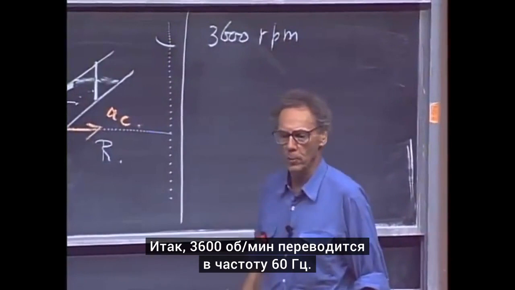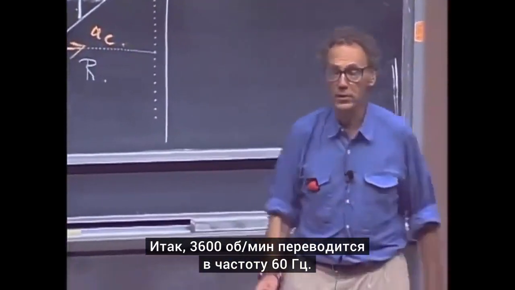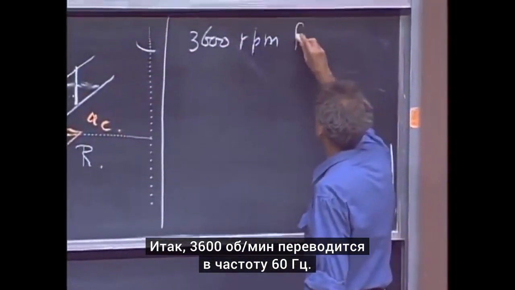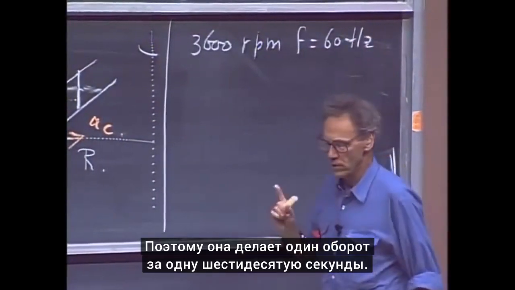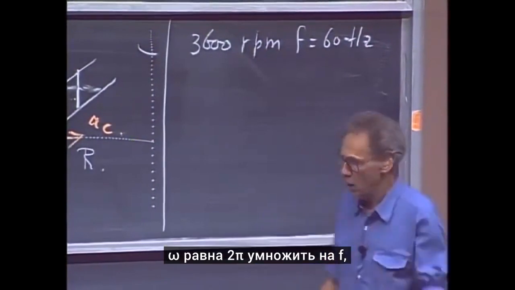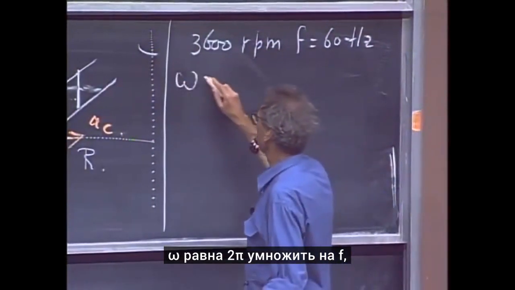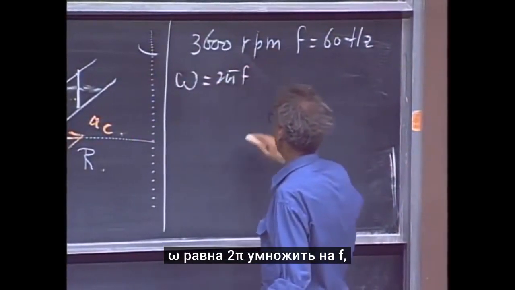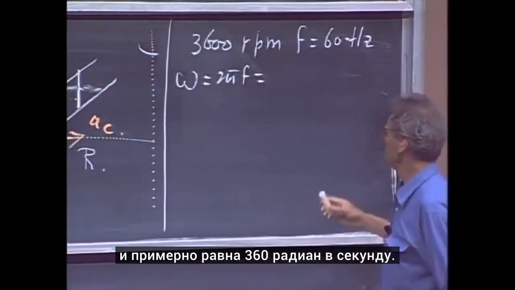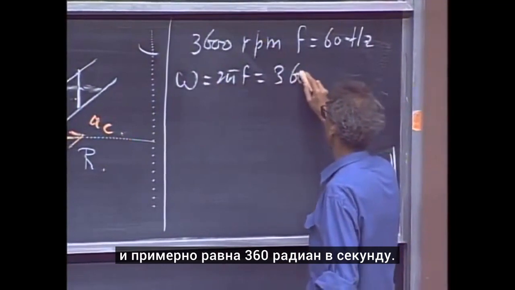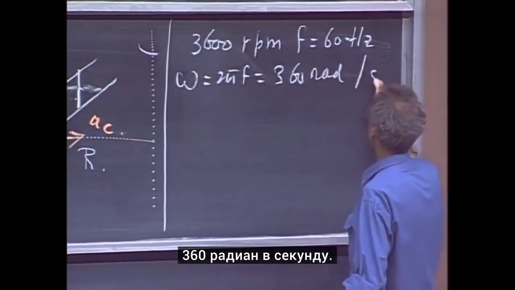So 3,600 RPM translates into a frequency of 60 Hertz. So it goes around once in 1/60th of a second. Omega is 2 pi times f, which is therefore roughly 360 radians per second. 360 radians per second.